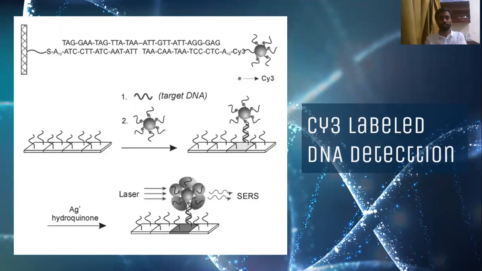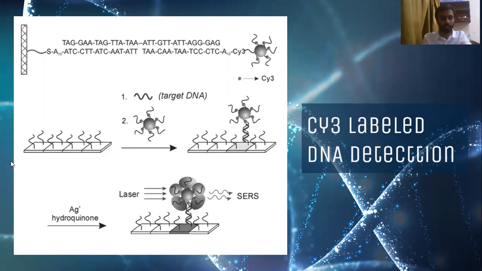So one of the two experiments that have been provided in the paper itself is here. This is where we use Cy3 as a Raman tag for DNA detection. So if you can follow my cursor here, here we have the DNA target, which is complementary to the actual DNA target, and we use this to attach to our nanoparticle and Raman tag assay.